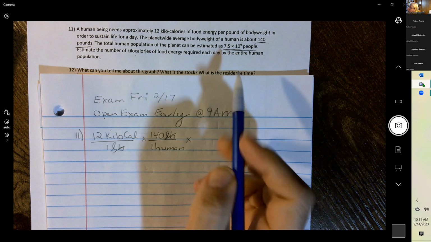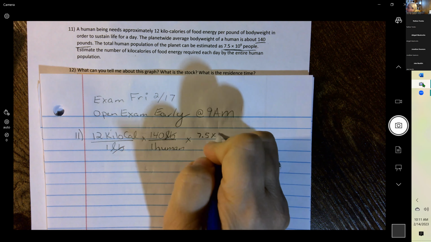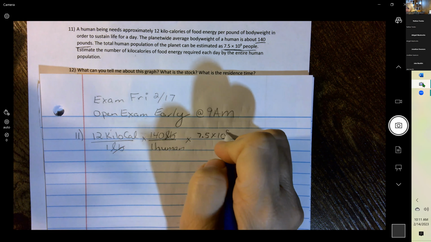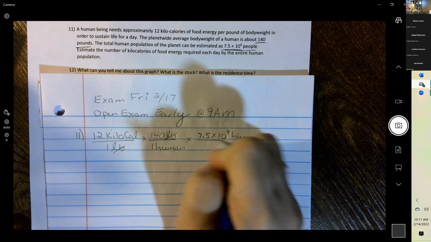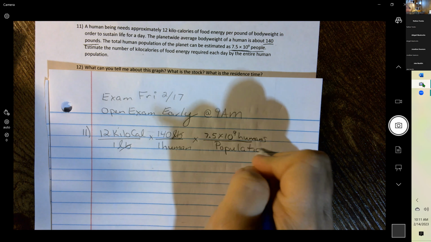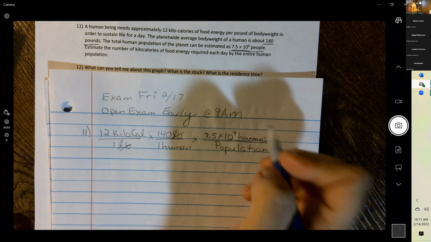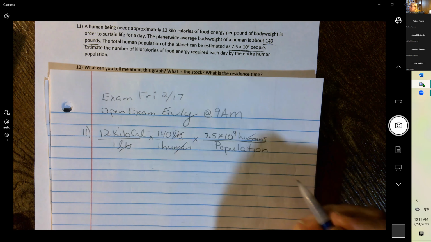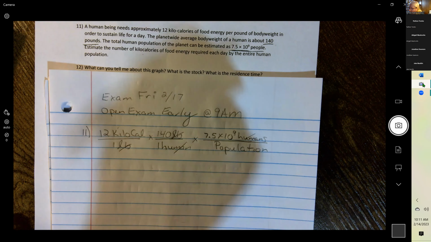And we know that there's 7.5 times 10 to the 9th humans in the population. So you can use units even for those so that you know whether you should multiply or divide. Multiplying.